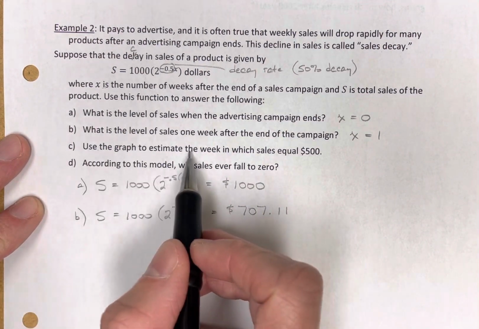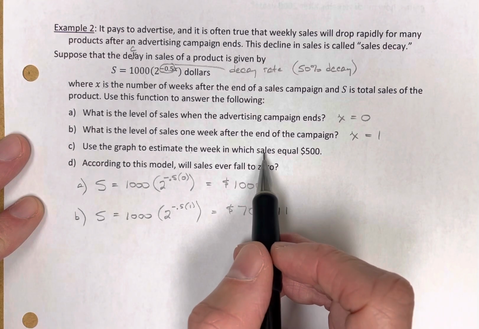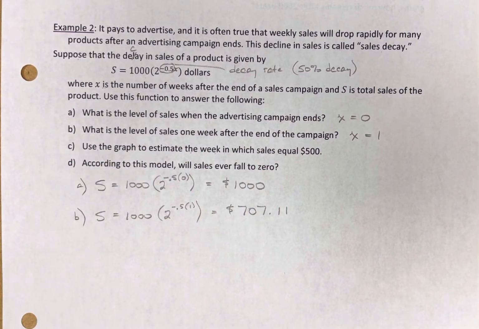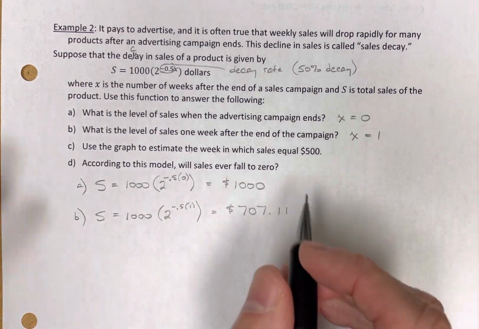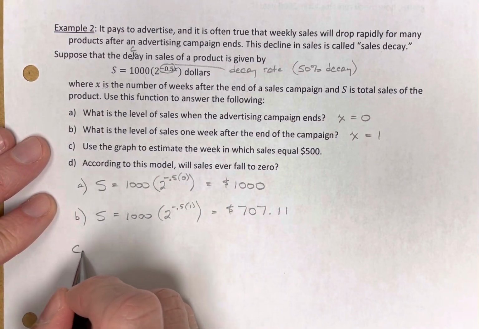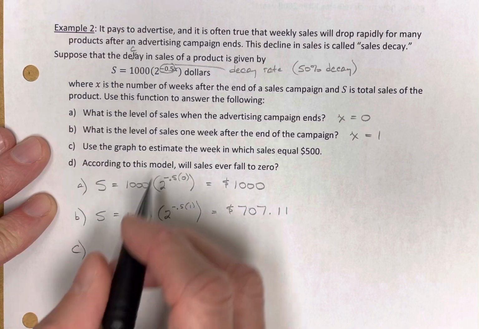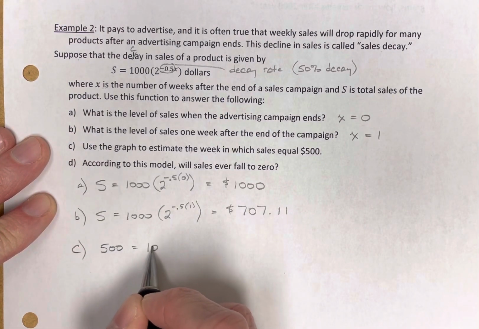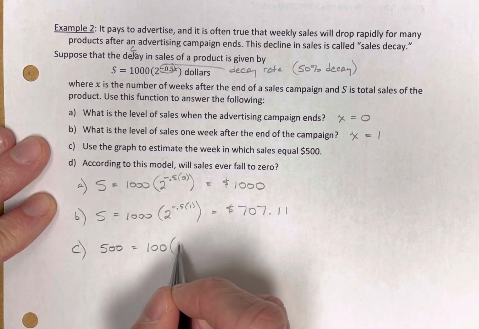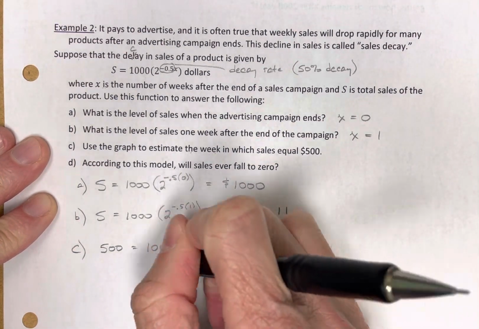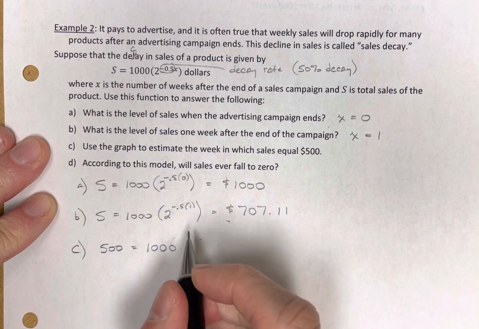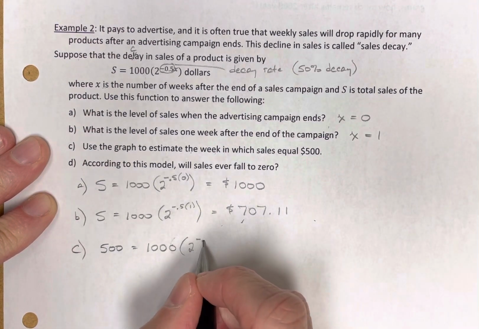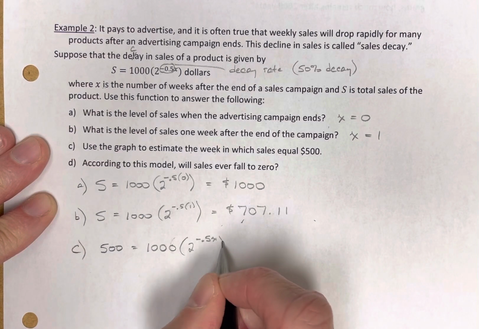Letter C, use the graph to estimate the week in which sales equal $500. So we want to know our sales is 500, and we want to know what is X. Here is our equation, negative 0.5 times X. And we're going to use the graph.